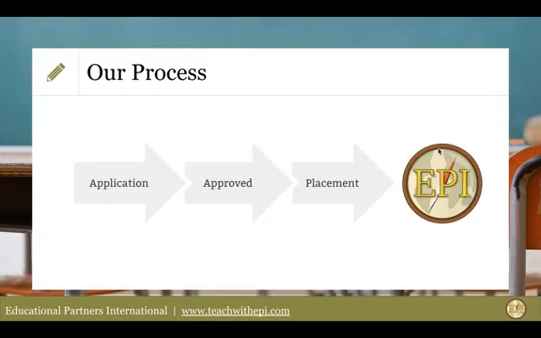The application process includes filling out a thorough online form, uploading official documents, and 2 interviews with EPI team members. After you've completed the application process, you are moved to the approved stage, where you interview at one of our partnered schools. Once you have completed a successful school interview, you are placed in the school and become an official EPI program member.